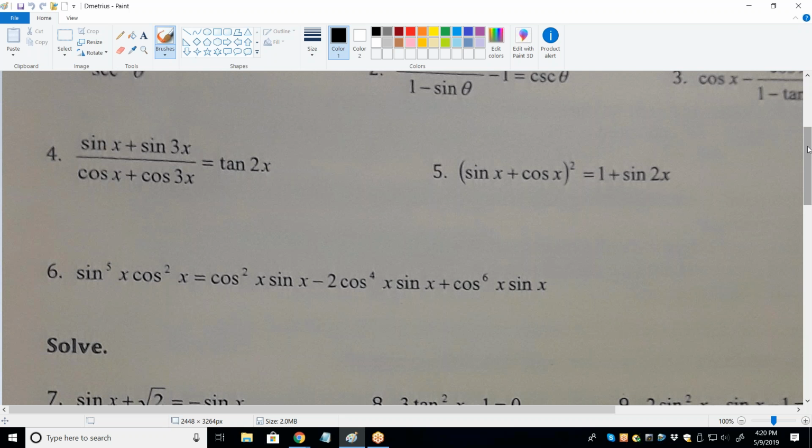Make another flashcard that says cotangent x equals cosine over sine on the other side. And I think you are probably dealing with about 25 identities that you're supposed to memorize and know, which means you're going to need 25 index cards.